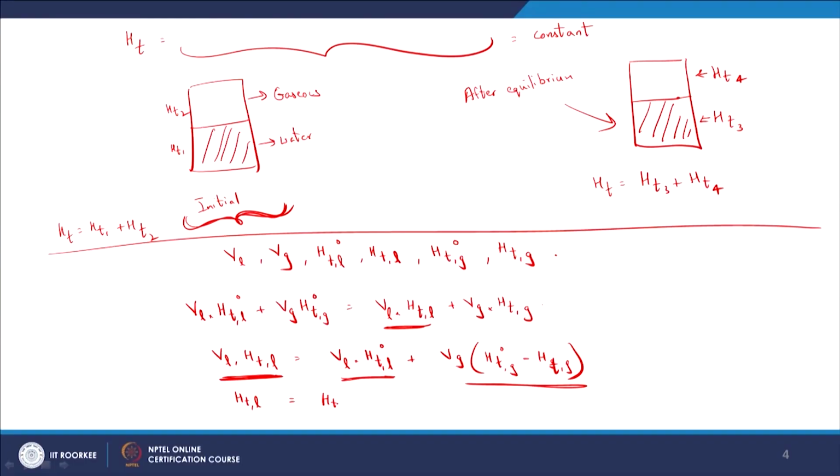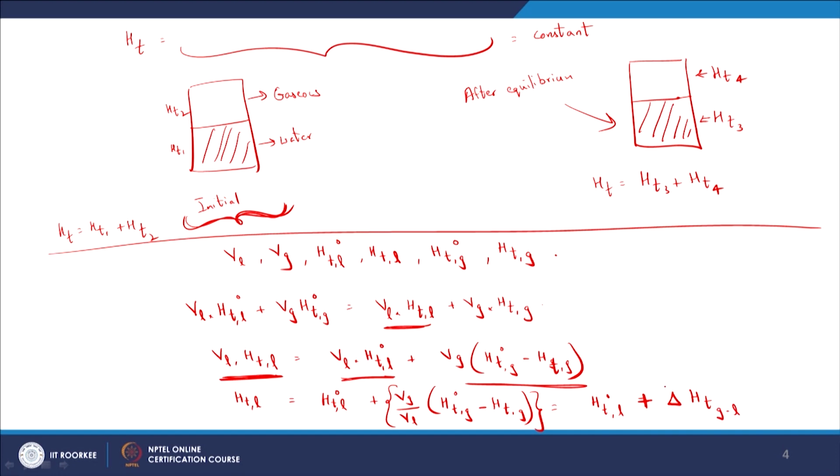Let us try to simplify this. H total in the liquid phase is equal to H total in the liquid phase initially plus volume of the gas by volume of the liquid times the change in H total in the gaseous phase, initially and finally. For ease of use and understanding, I am going to write it in terms of a particular variable, which is going to be equal to plus delta H total, the change from gas to liquid phase.